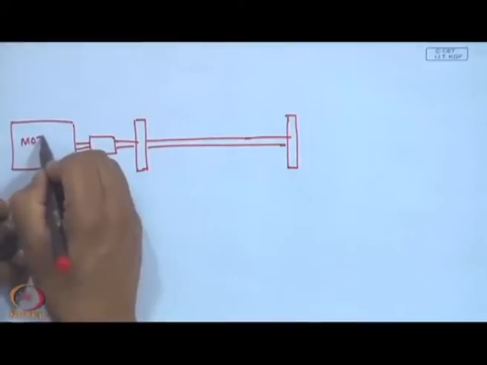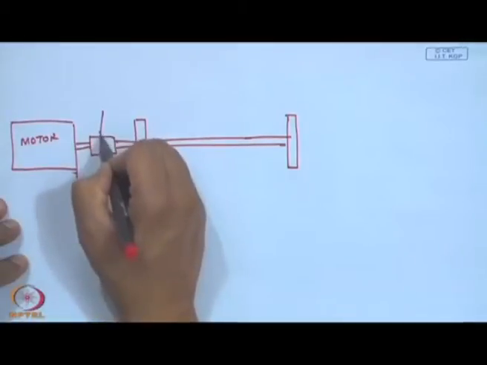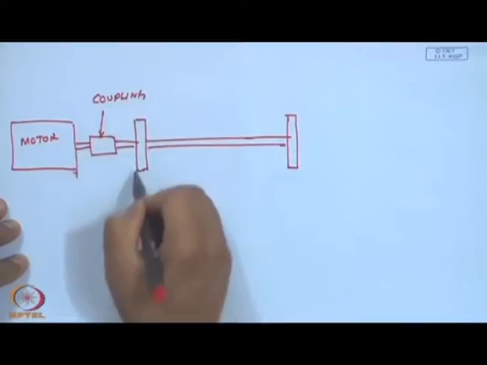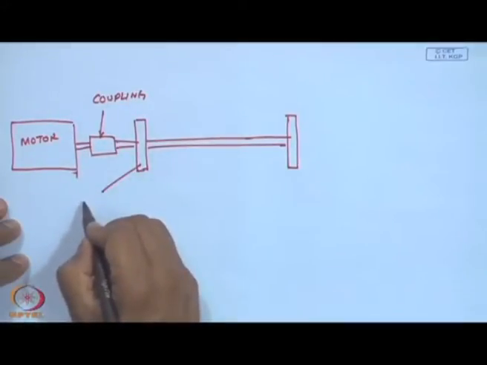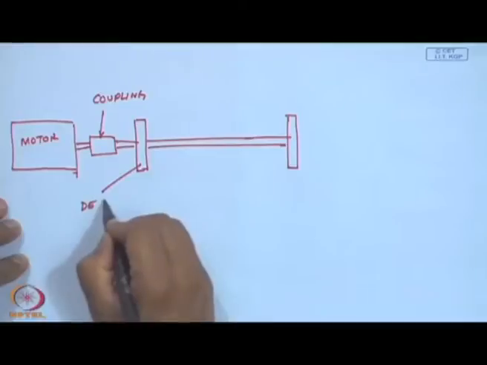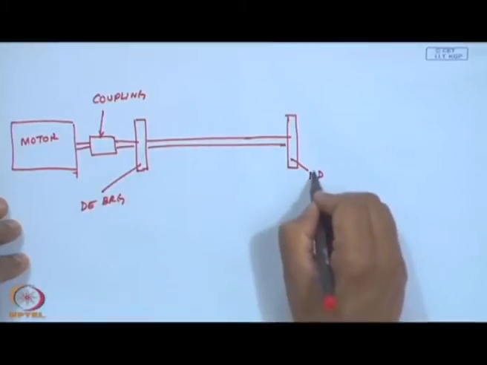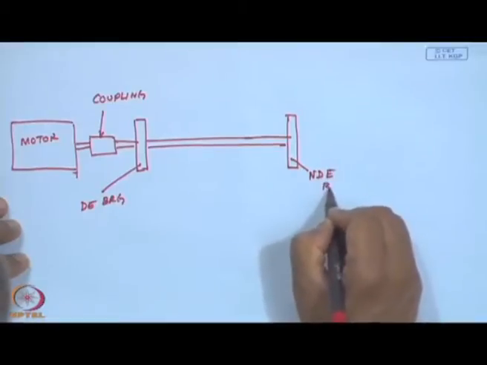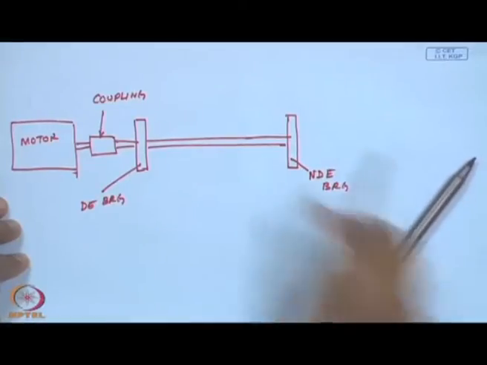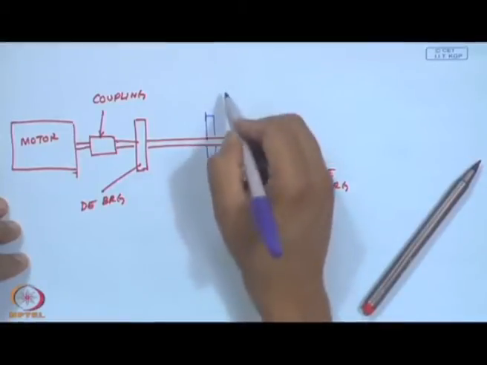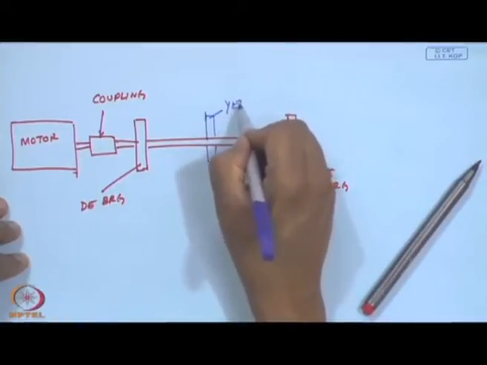This is my motor, this is the coupling, this is the drive end bearing, this is the non-drive end bearing, and this is the yellow rotor.